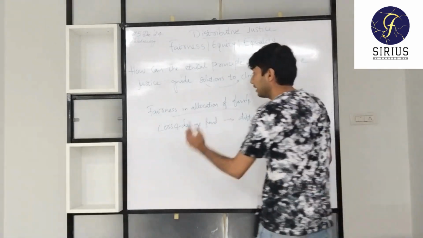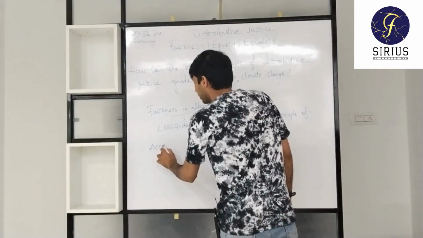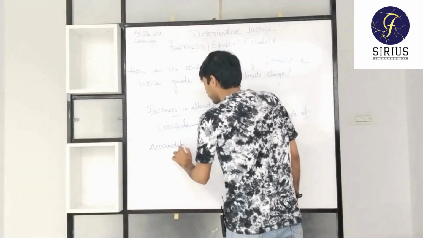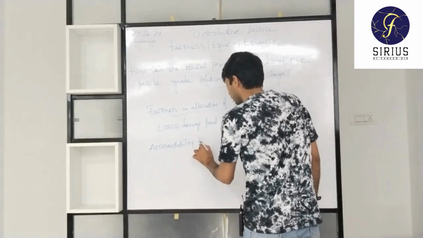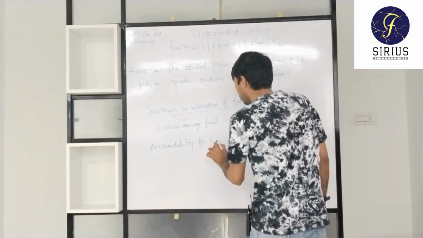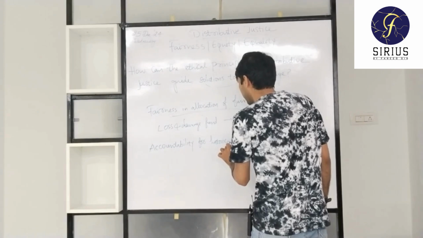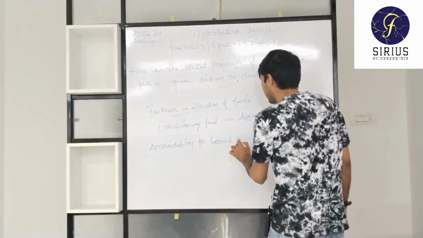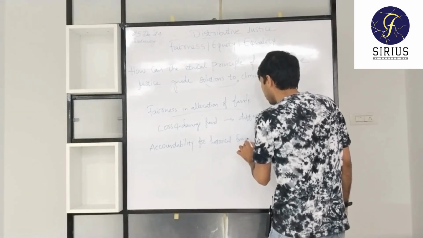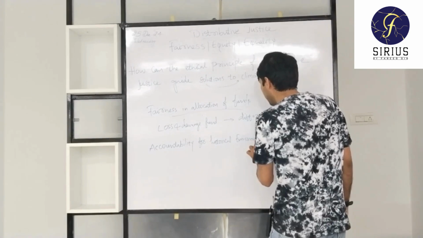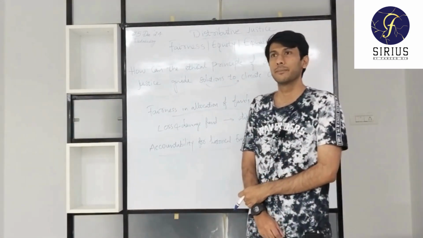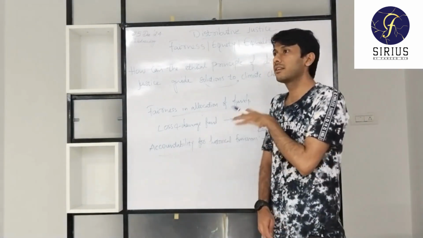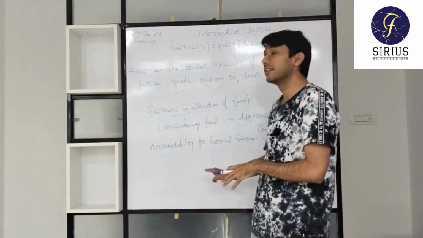The next part can be accountability for historical emissions. Now there is a lot of pressure on the developing countries, or least developed countries, to cut down their emissions. The developed countries can afford to do so because they are very well developed. But we still have our needs.